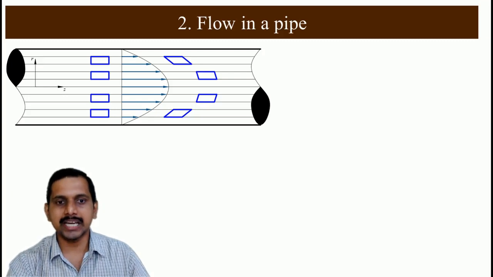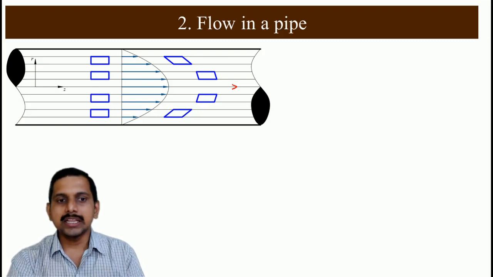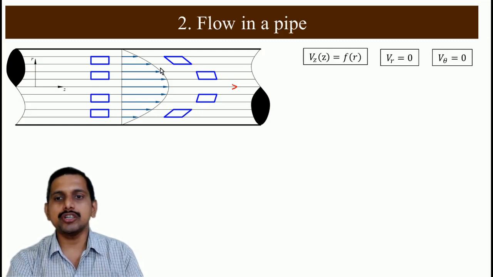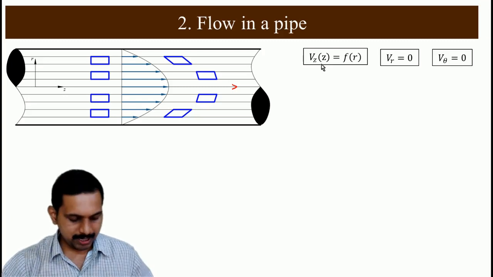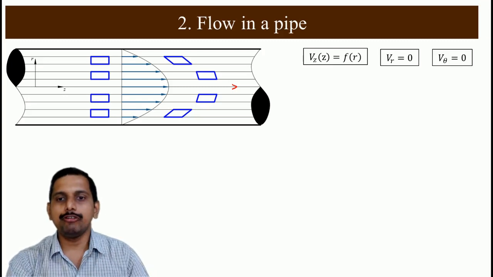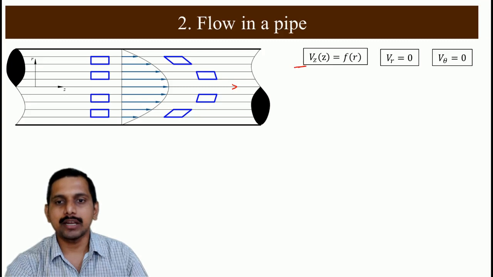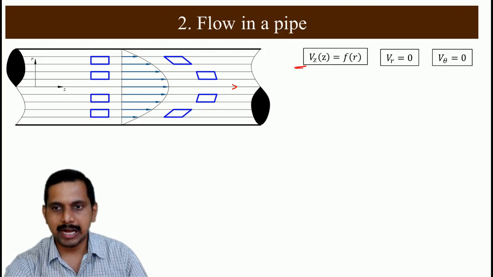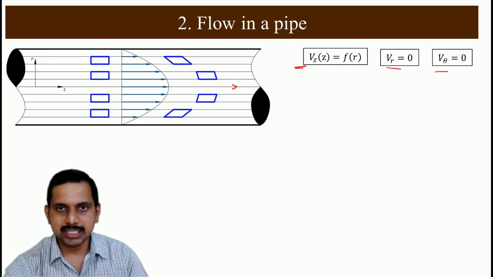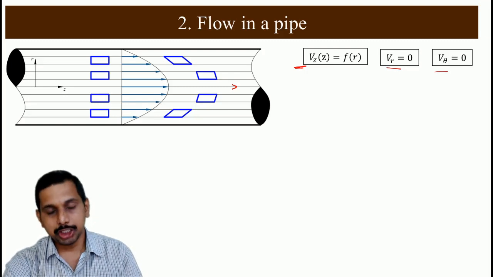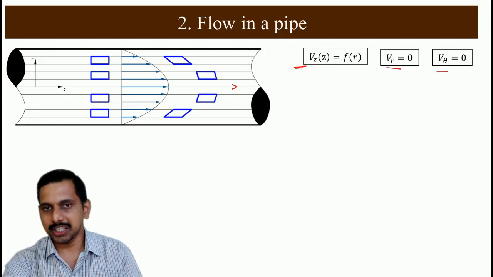Z is the direction of flow. Flow direction is this. In this, the Vz component is a function of r. Because Vz is a function of r and Vr, V theta are 0, we will see how the shear strain rate as well as the rotation rate is there.